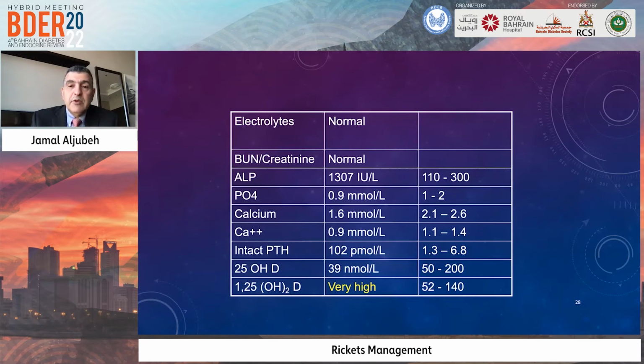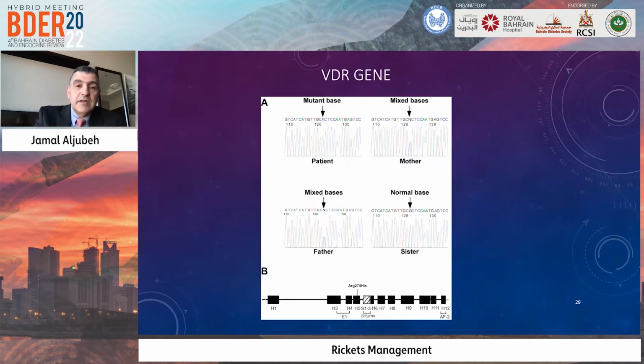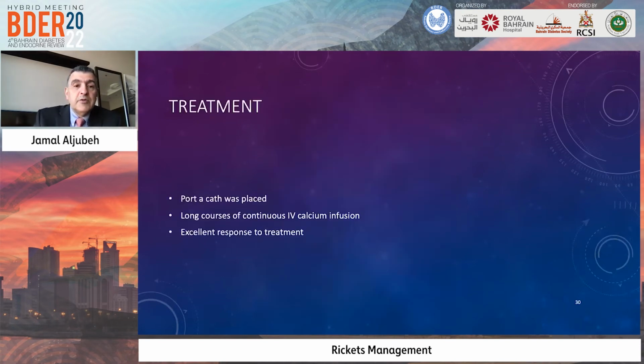All of the laboratory findings were very similar, with the exception of 1,25-hydroxyvitamin D being low. So the clinical picture can be very similar between those who are having activation of vitamin D and those who have resistance at the receptor level. In this patient, genetic testing confirmed mutation in the vitamin D receptor.